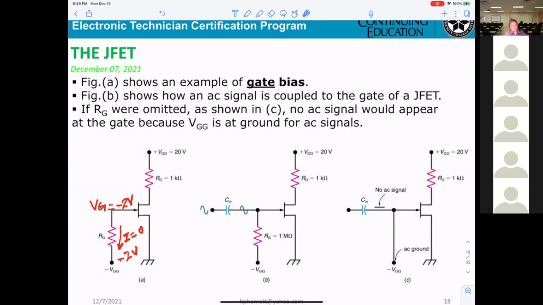You cannot do it. If you short the VDD or VGG to ground, the JFET would not work. However, we're talking about solving the problem for the AC signal. So if we wanted this circuit to technically work, we'd put a load there between the gate and RD.